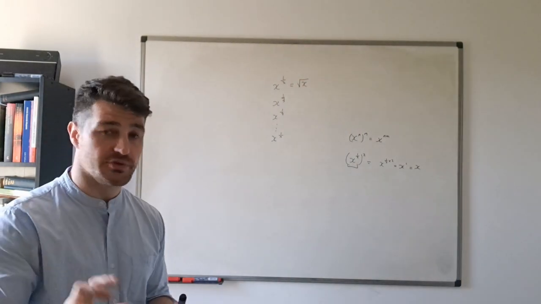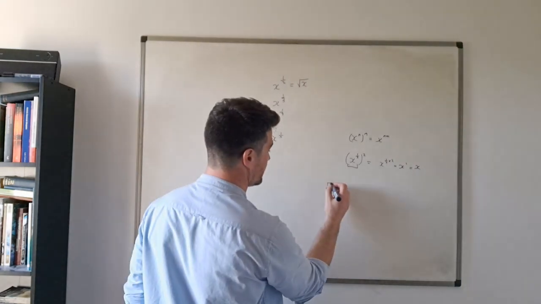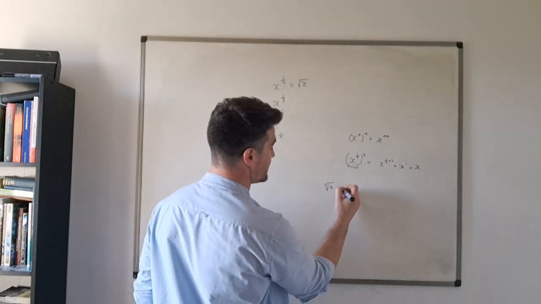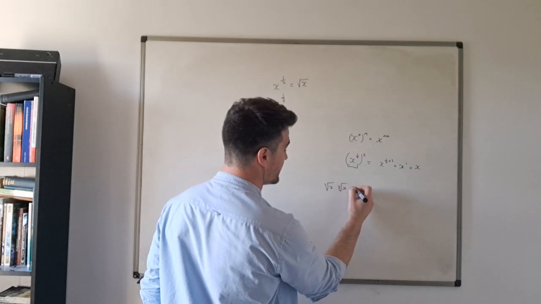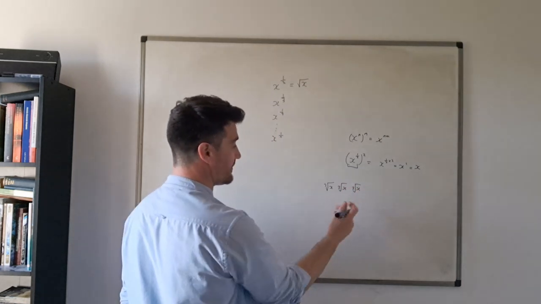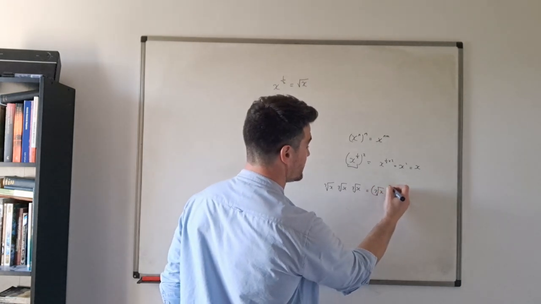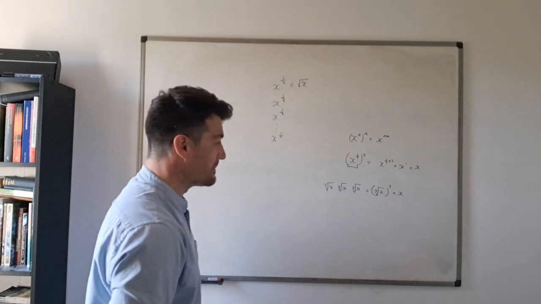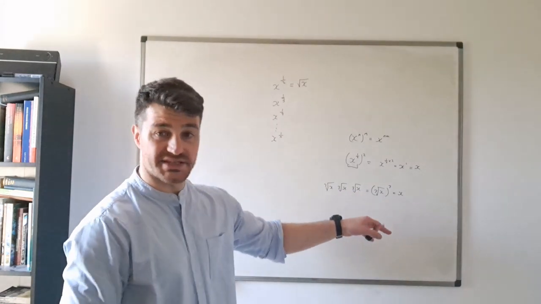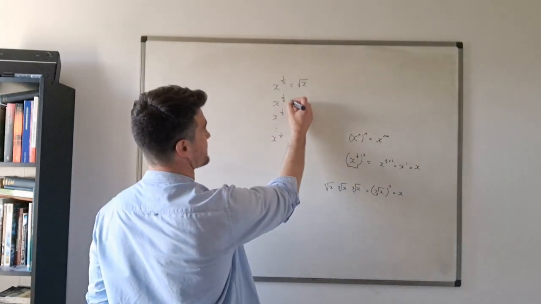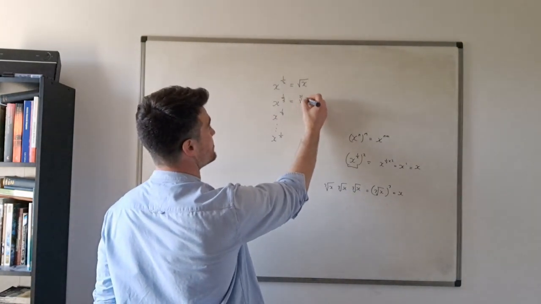Similarly, the cube root of a number. The cube root of x is that number which, when multiplied by itself 3 times, or which, when cubed, is equal to x. So from this, it would make sense for me to define x to the power of a third as the cube root of x.